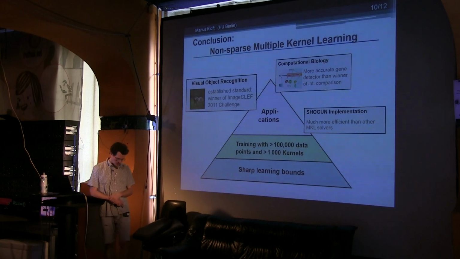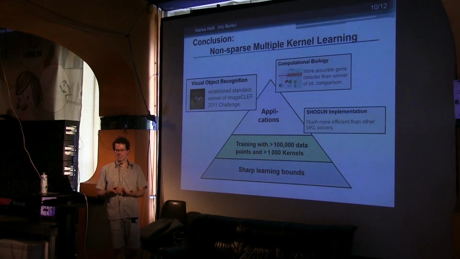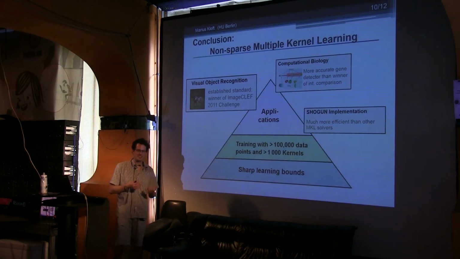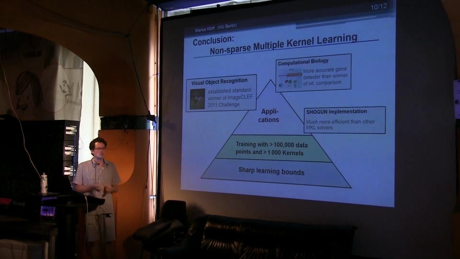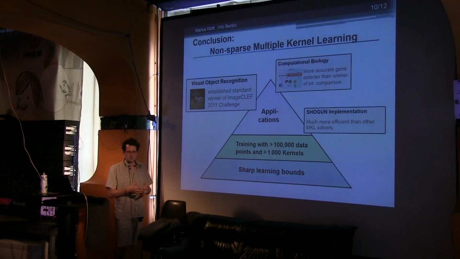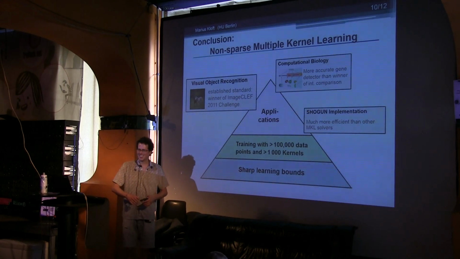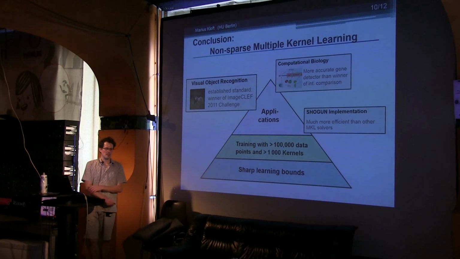So the question was, are you an artist, or how are you able to come up with a set of kernels describing the problem? And the answer is, of course, you will be only as good as you are able to find good representations for your data, or find people who can, domain experts, biologists, or people like that.